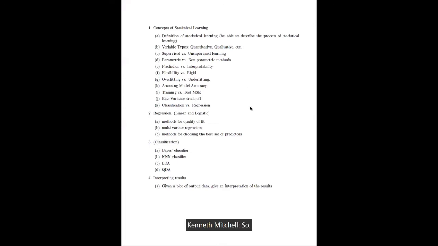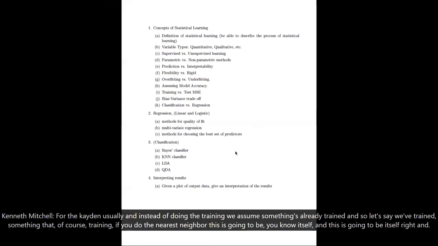So for the KNN, usually instead of doing the training, we assume something's already trained. And so let's say we've trained something. And of course, training, if you do the nearest neighbor, this is going to be itself. And this is going to be itself, right?